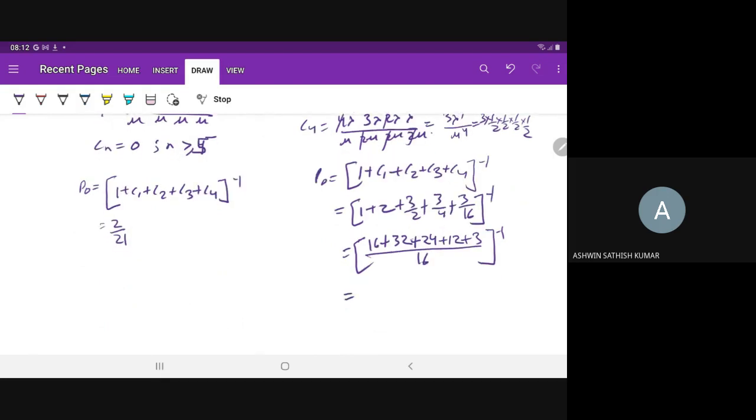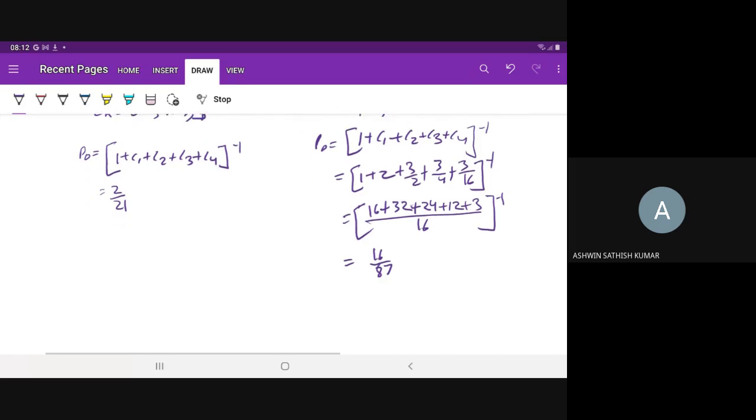So it will come 48, 52, 62, 72, 74, 84, 87. So it is 16 upon 87. Is it correct? Please check, verify. Anyone, please reply. Yes, so it is 16 upon 87.